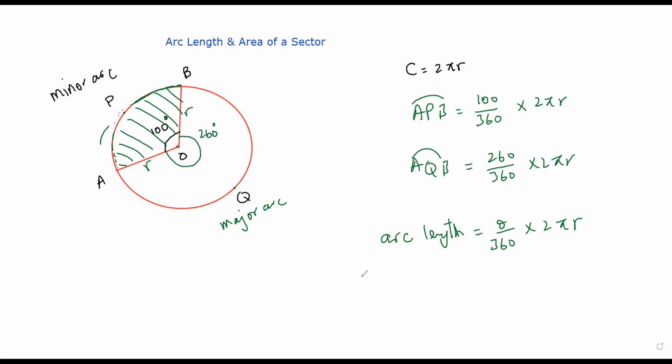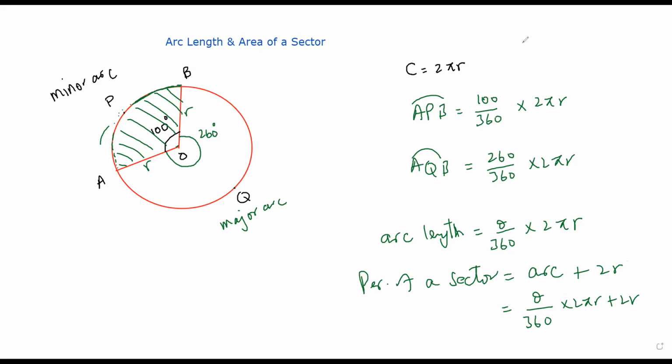So perimeter of a sector is the arc plus twice the radius. This is theta over 360 times 2 pi r plus 2r. That is how you find the perimeter of a sector.